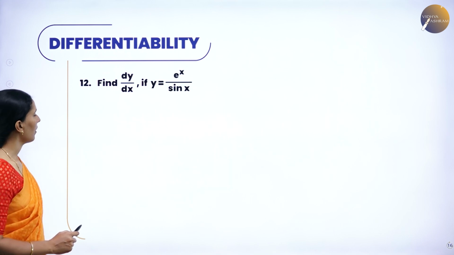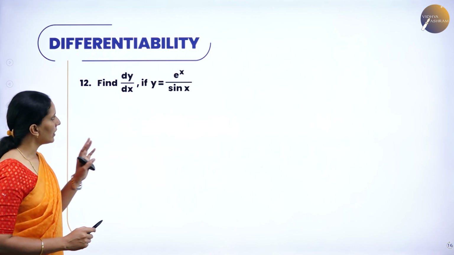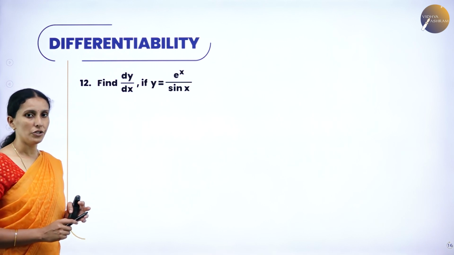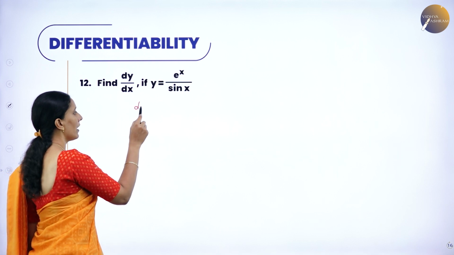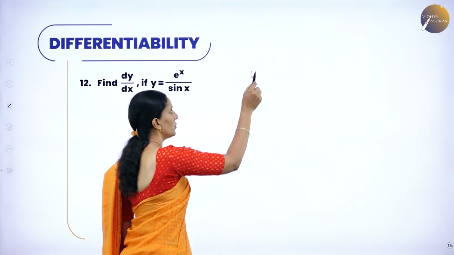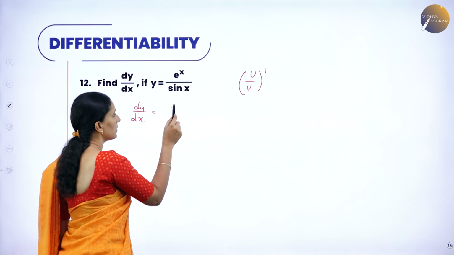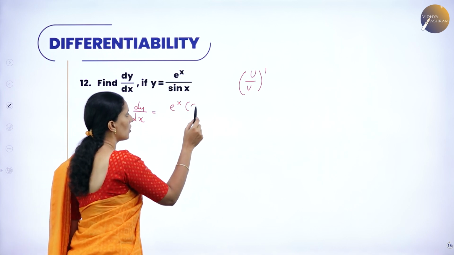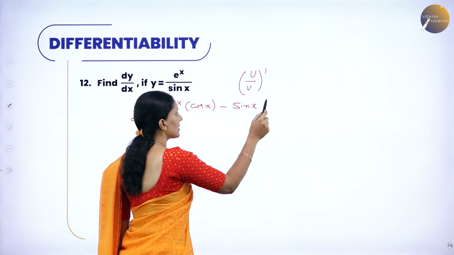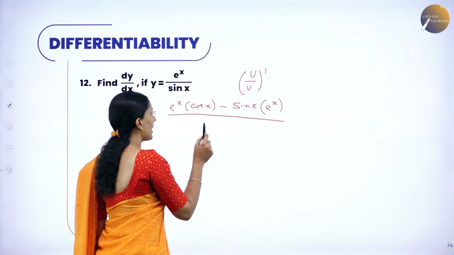Next, find dy by dx if y is equal to e power x divided by sin x. So clearly this is a quotient of two functions and you can apply the quotient rule here. So we have here dy by dx is equal to, so this is in the form of u by v whole dash. So we have here sin x into derivative of e power x, that is e power x, minus e power x into derivative of sin x, which is cos x, whole divided by sin square x.